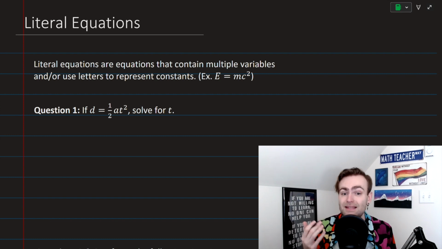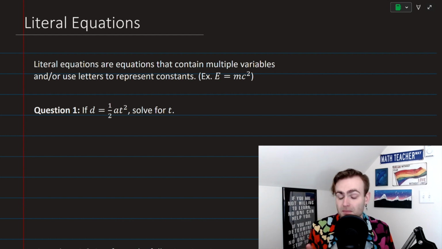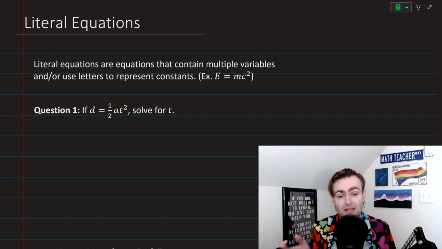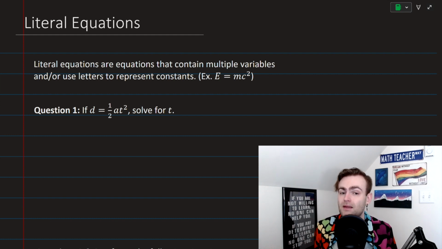So you can think of E equals mc squared as an example, where E and m are variables, but c, the speed of light, is a constant. It's unchanging. So we might be asked to manipulate equations, or we might be asked to substitute in values for the letters that we're given.